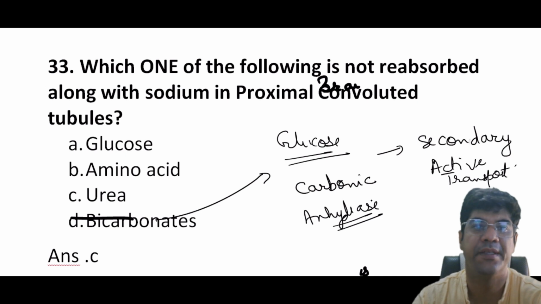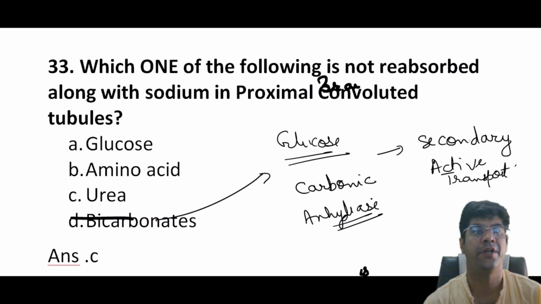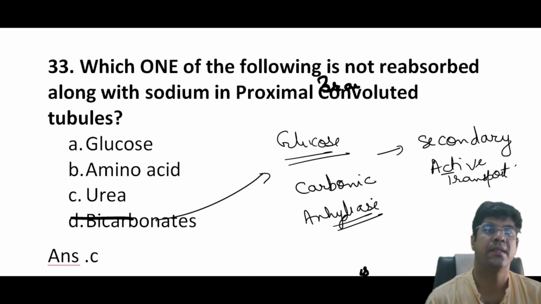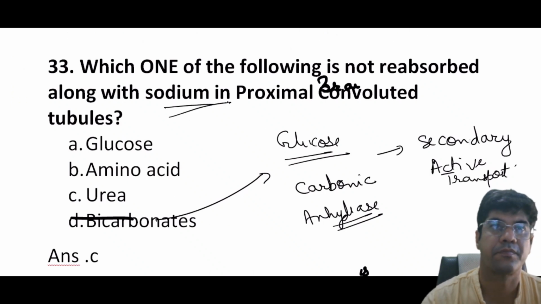Urea, remember, is not primarily reabsorbed with sodium in the proximal convoluted tubule. Urea reabsorption occurs mainly in the collecting ducts and is driven by the concentration gradient rather than direct coupling with sodium reabsorption. So the answer is C.